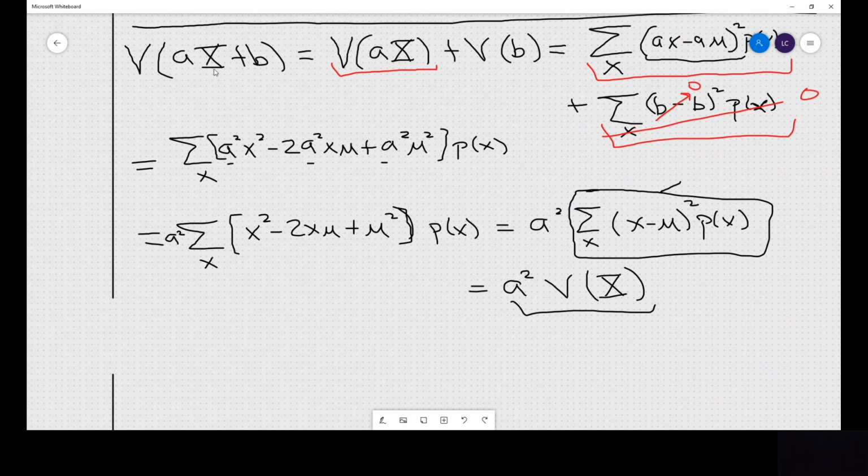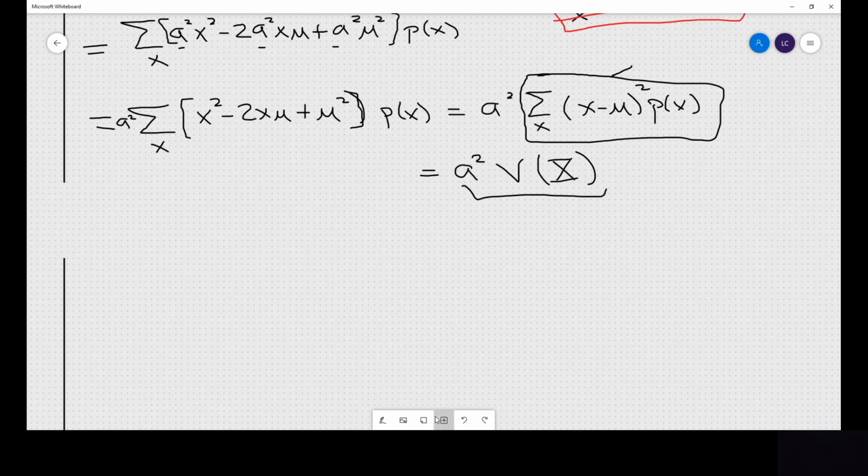When I took the variance in, everywhere there's a random variable involved, I pull the constants out and I square them, and then it just becomes the variance of that random variable. Then plus, if I have just a constant by itself, the variance of a constant is just 0. If you had b, b, b, b, there would be no variance. It would always be b, and so there is no distribution of that.